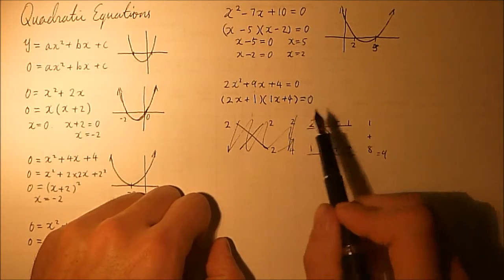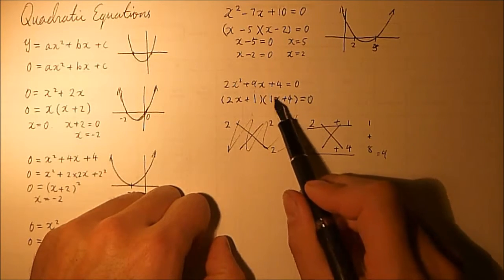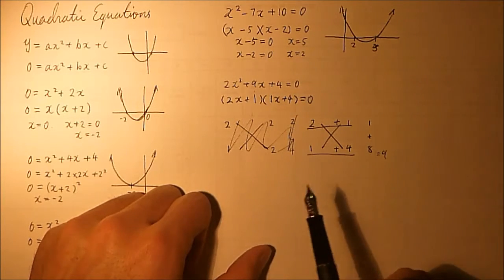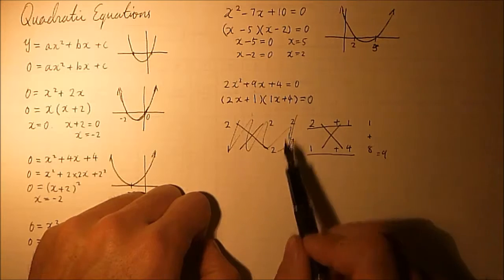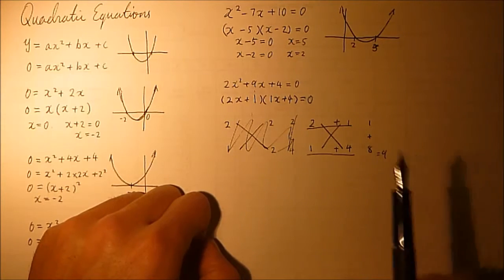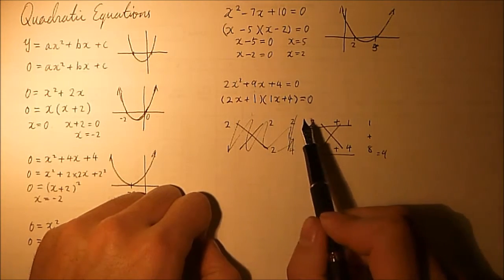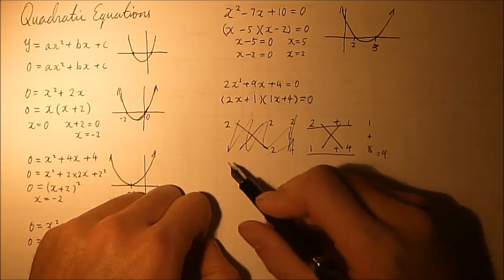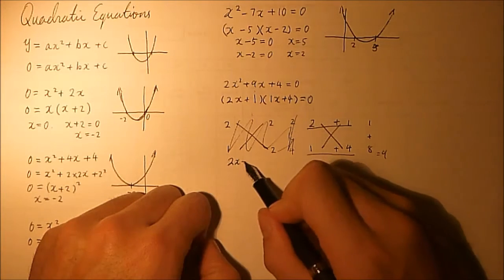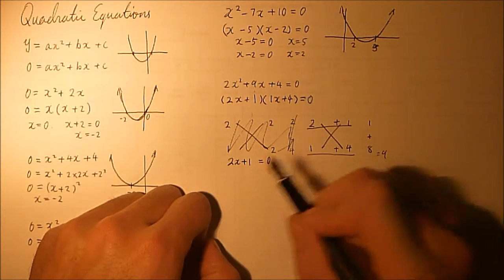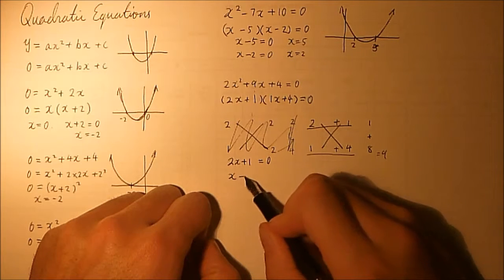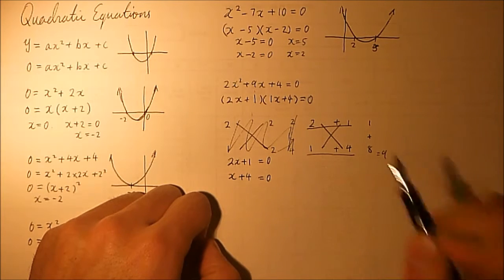Of course, in a lot of cases, you can just leave the 1 out, and it automatically assumes it's 1x. This is our solution. This is our factorized form. And now for the solution, either 2x plus 1 has to be 0, or x plus 4 has to be 0.